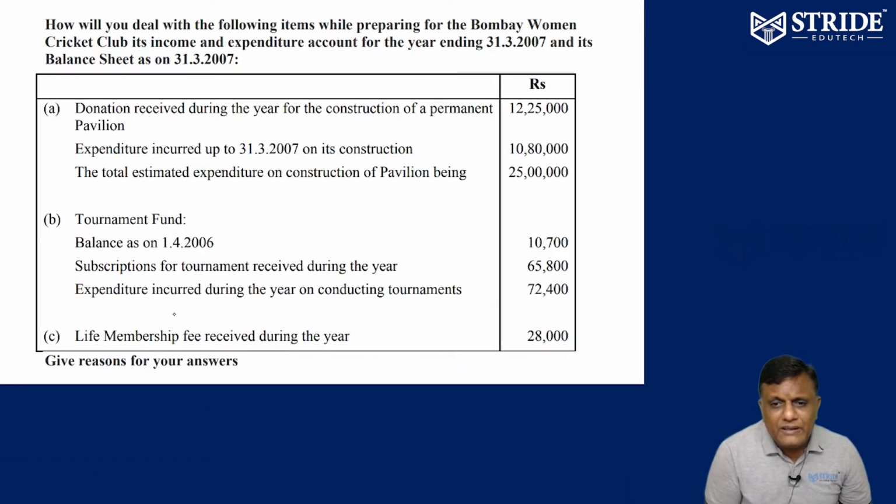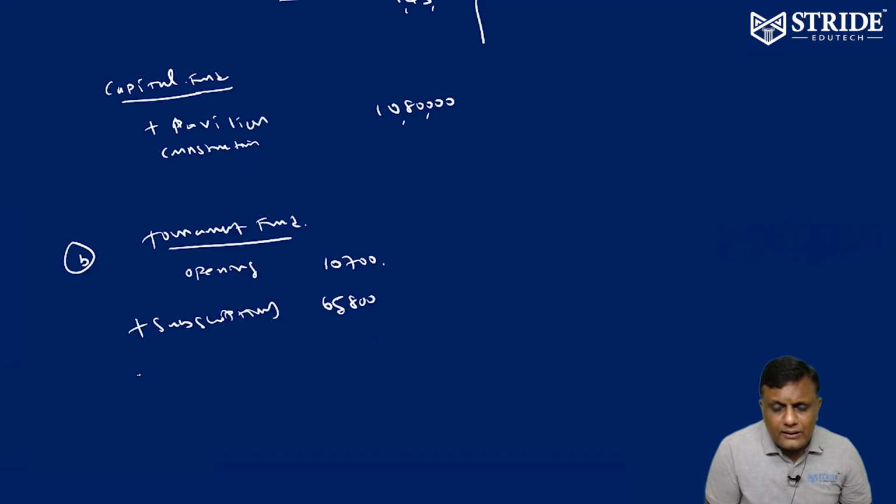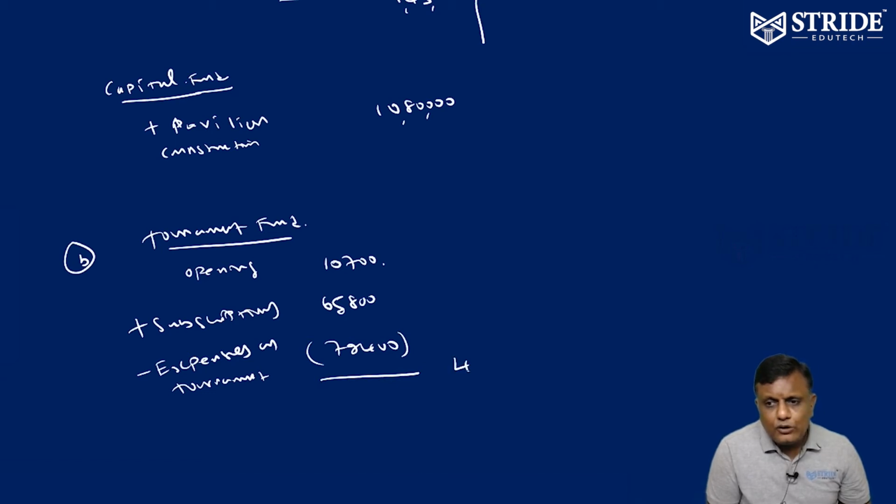Is there any money spent for tournament? Yes, 72,400. Minus expenses on tournament, 72,400. Kindly check it out. Adjusted, the balance we can show is 4,100.